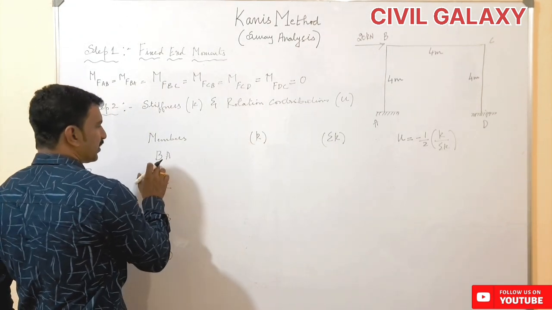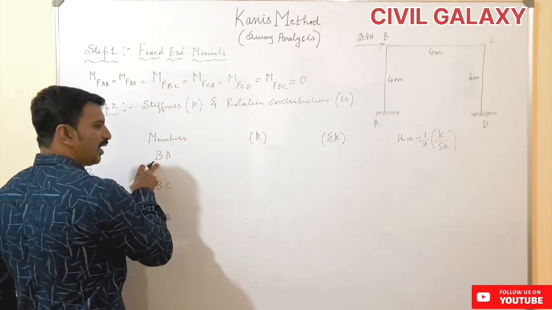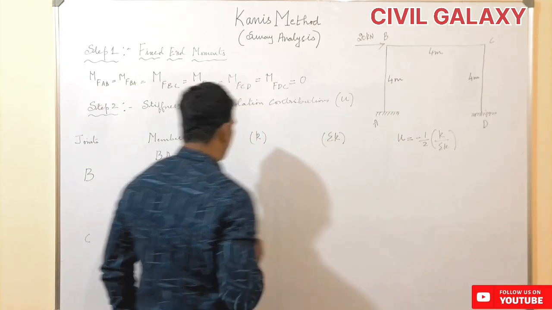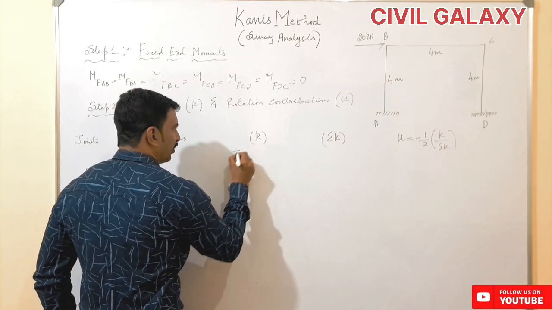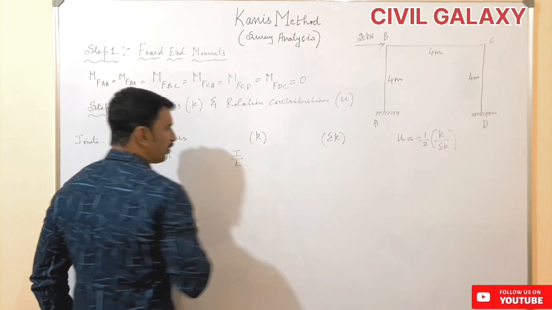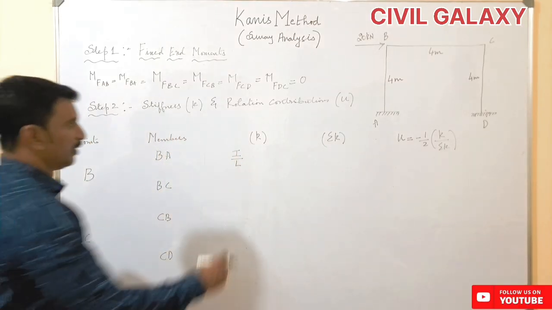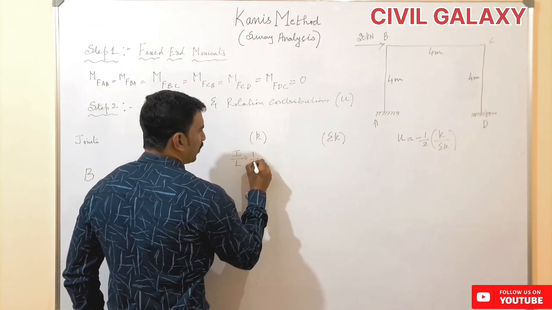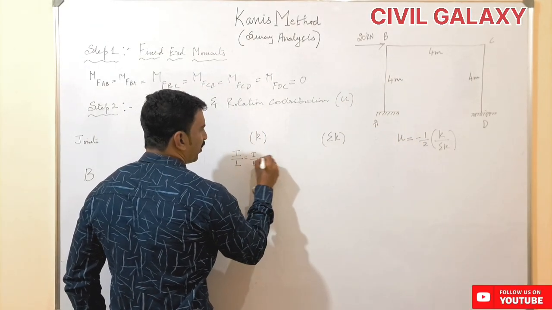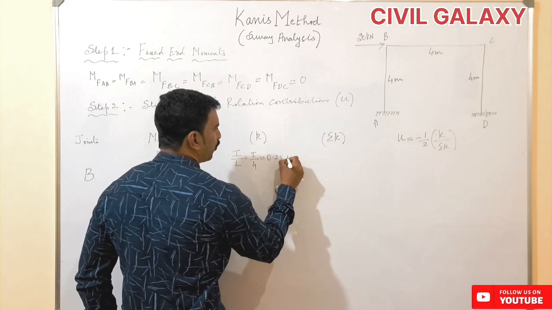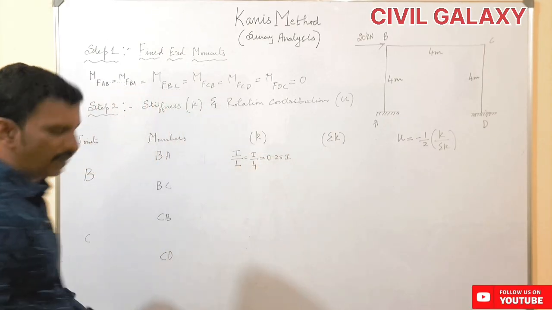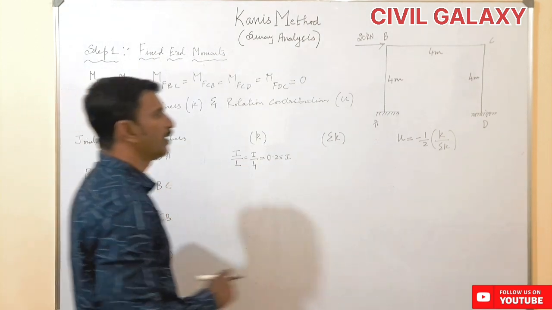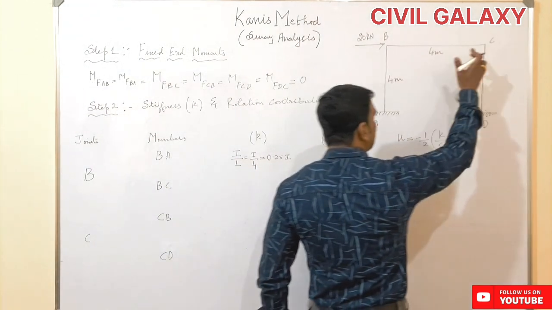So now if you want to find out the stiffness, we know that we have to consider the far end conditions. For member BA, B is the near end and A is the far end. Since the far end is fixed over here, the stiffness will be equal to I upon L. So the length of the column they have provided, that is I upon 4, which will be 0.25 I. Now for BC, B is the near end and C is the far end.